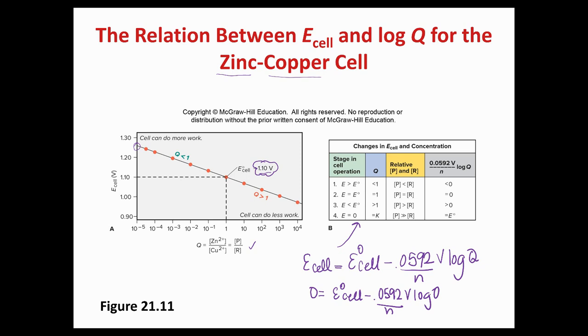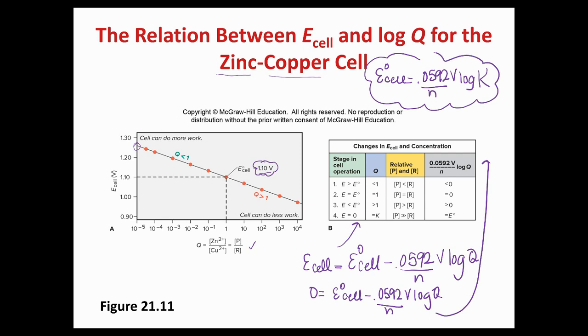Then we can set these equal to each other, and if we're at equilibrium, I can change Q to K. So if you go back to the slide, this is an equation we can use to solve for K equilibrium.